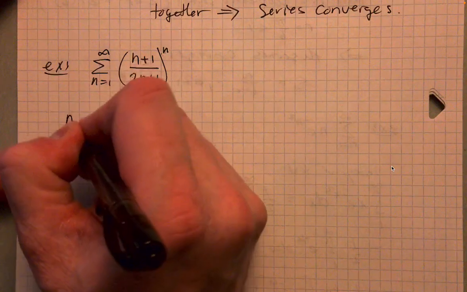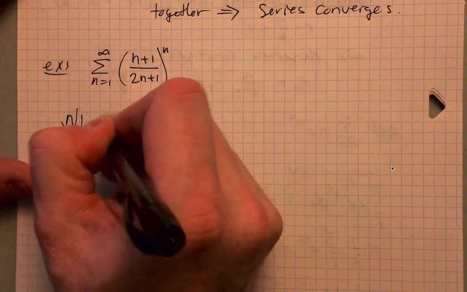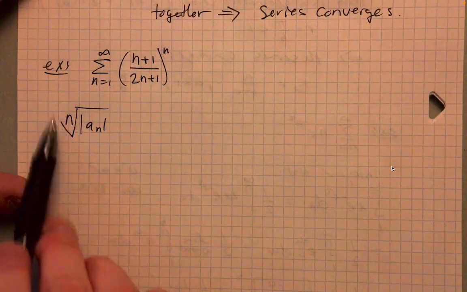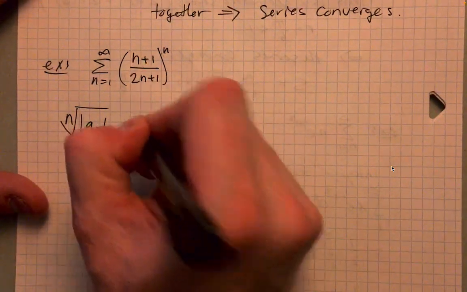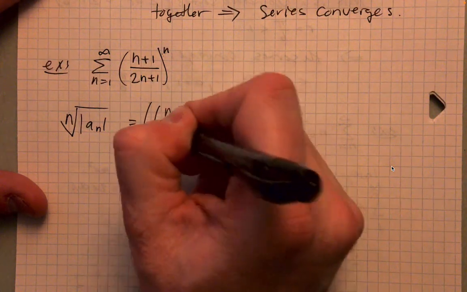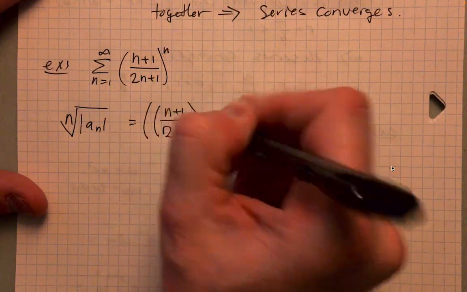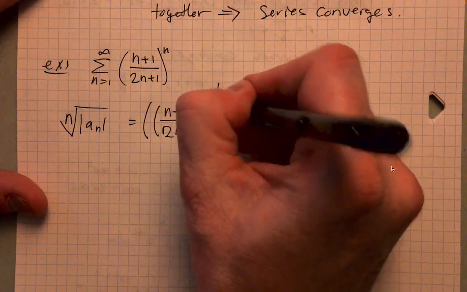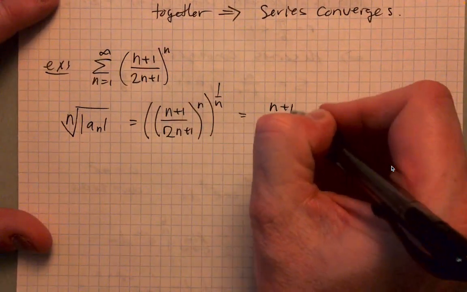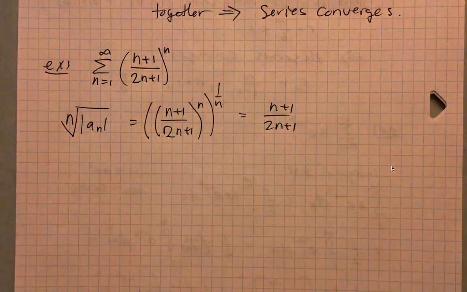So let's try this out here. Let's just take the nth root of the absolute value. In this case, it's going to be (n plus 1 over 2n plus 1) to the nth power, all to the 1 over n power. And so we can see that that is n plus 1 over 2n plus 1.